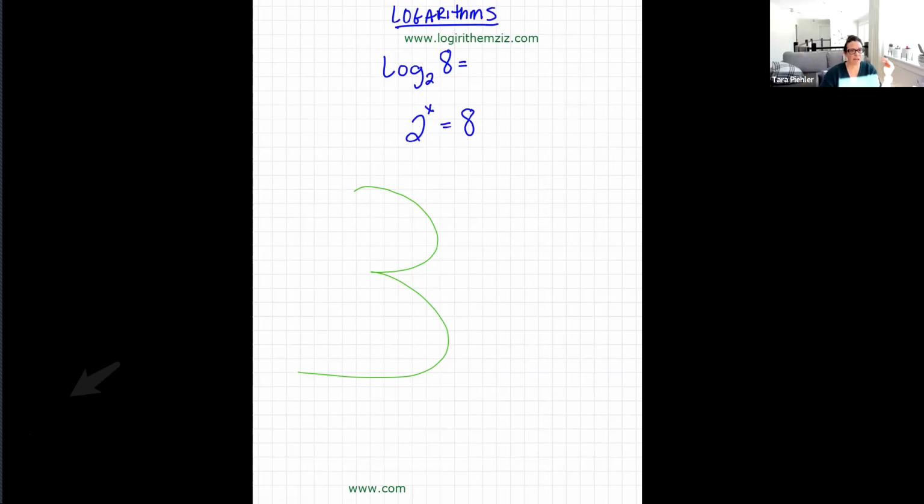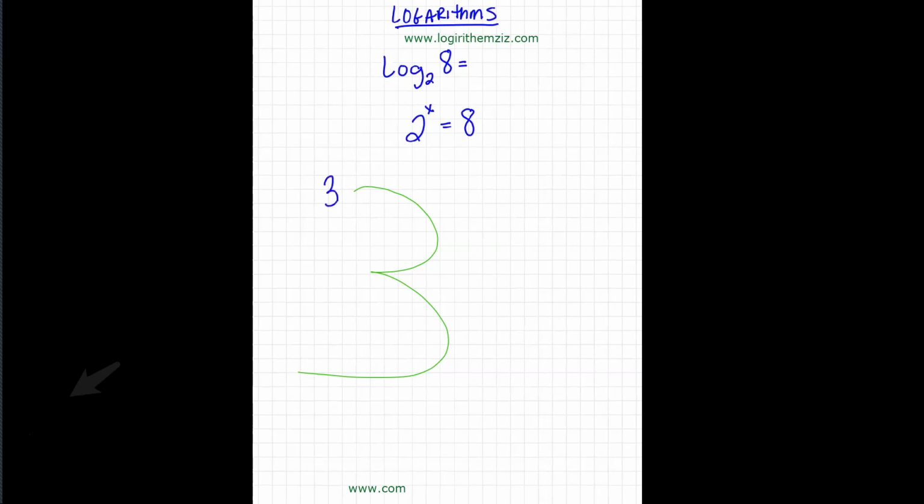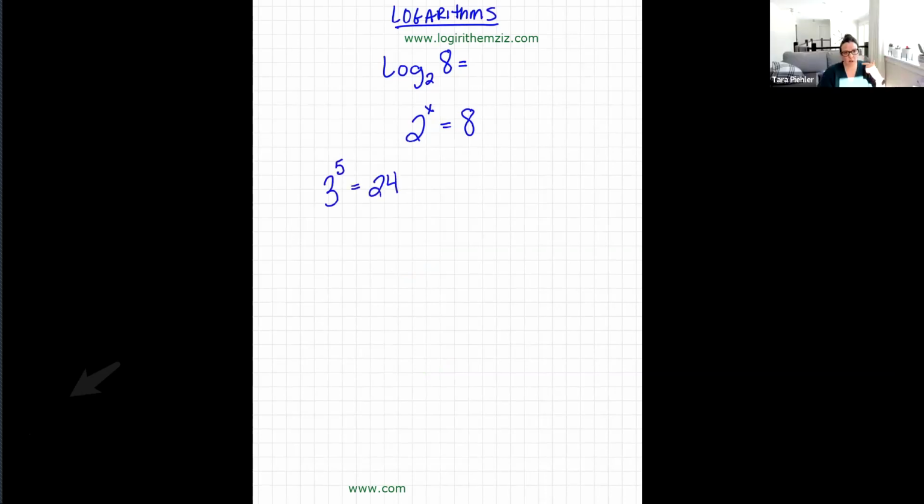So let's say we have 3 to the 5th equals 243. How would I write that in logarithmic form? You would write log base 3 of 243 equals 5.